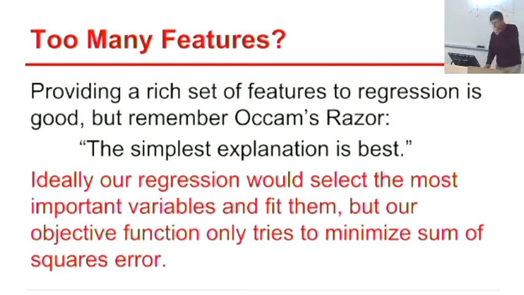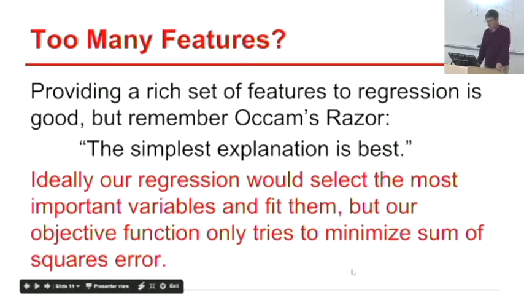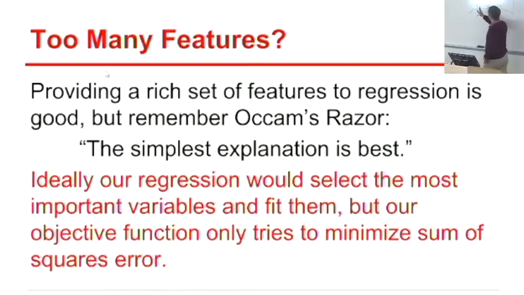Okay. Let me talk about one last problem for today about linear regression that is kind of an important phenomenon. It's very, very easy to come up with a feature matrix where there are a large number of variables. We talked about how, to make it nonlinear, we could put in any one of an infinite number of nonlinear functions.